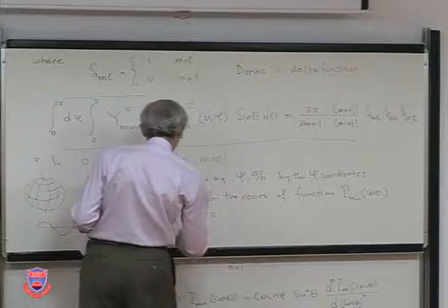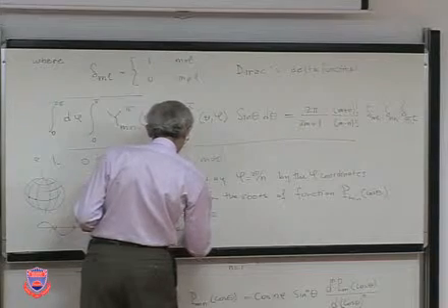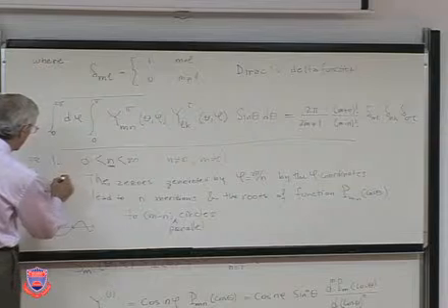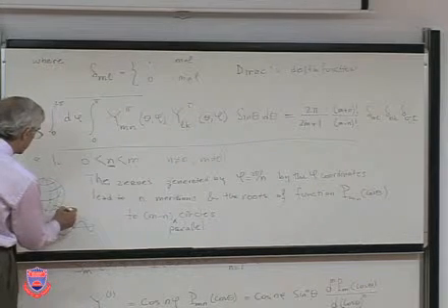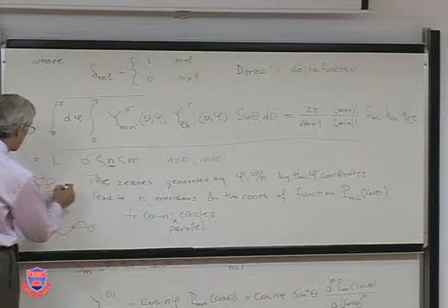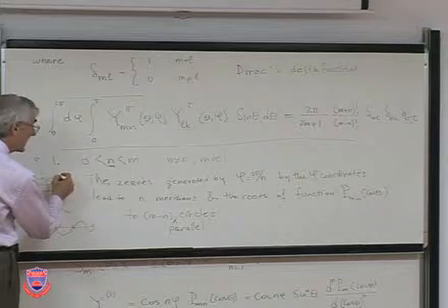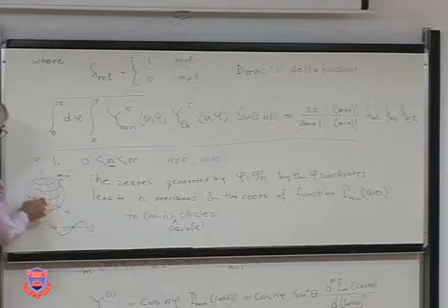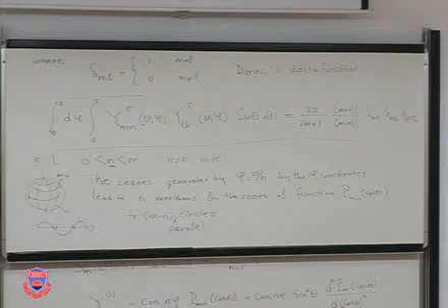I should say parallel circles, obviously. So you have here n of these meridians and these m minus n circles. Okay? And those are the zeros.